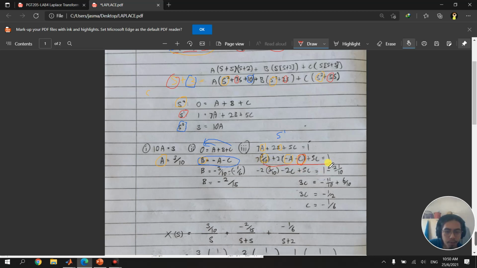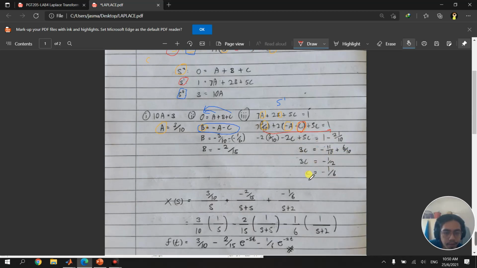This one moves there, and then 3c equals negative 11 over 10 times 1 over 6. Then we get c. After we get c, we move it to the second equation that we made, and then we get b.